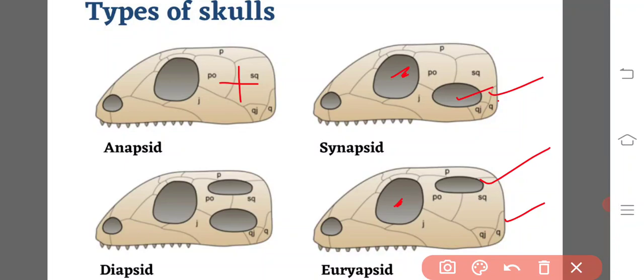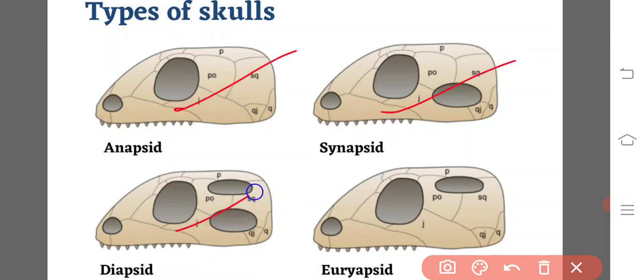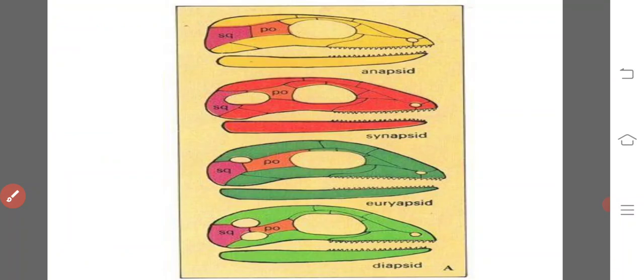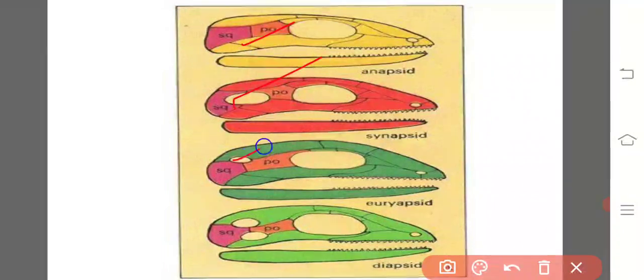And if you observe the diapsida, two are there on either side, one above and one below, arranged at the back of the eye orbit. Anapsida, synapsida, diapsida and euryapsida skulls. Here also the same: anapsida, synapsida, euryapsida and diapsida.